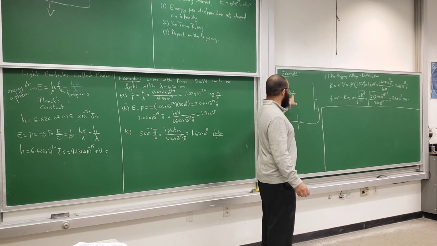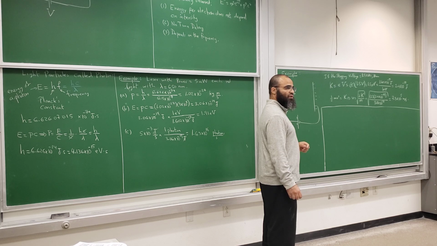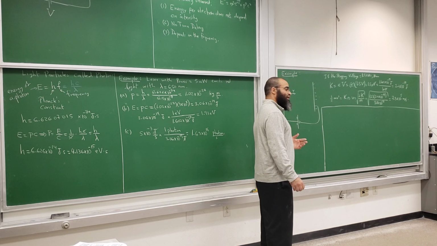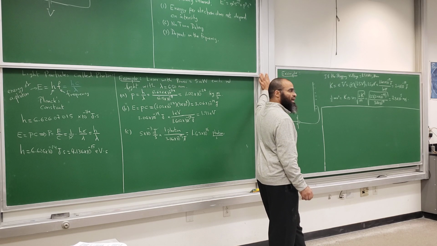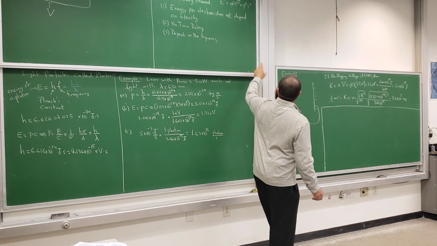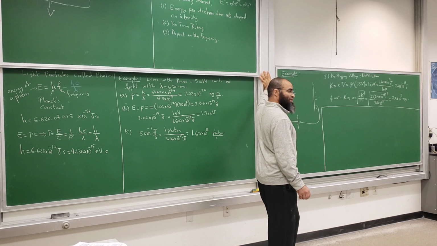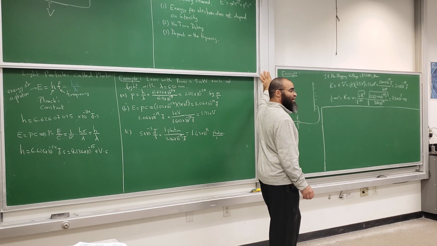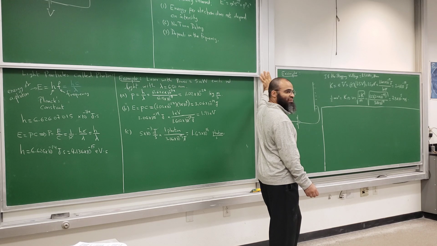Is the energy of the photon, when absorbed by the electron, all going to be converted into kinetic energy? Yes or no? I'm guessing yes. Yes, okay. And it would be yes if the electron is free, if it's not bound to that metal. But remember, we needed a certain amount of energy to break it loose, right? So what happens is, the energy of the photon minus the energy needed to break the bond is equal to the kinetic energy. Does that make sense?